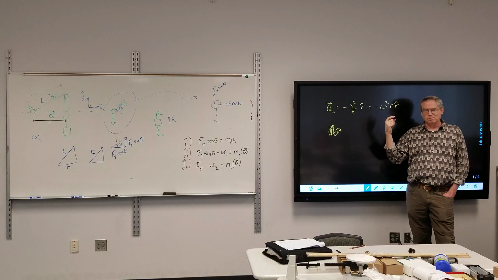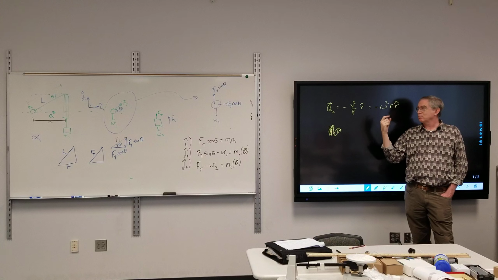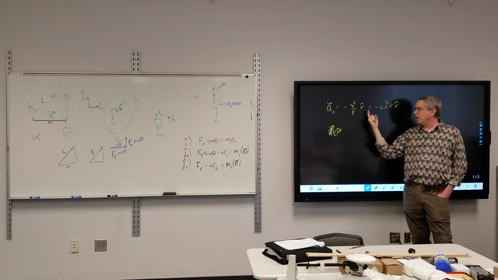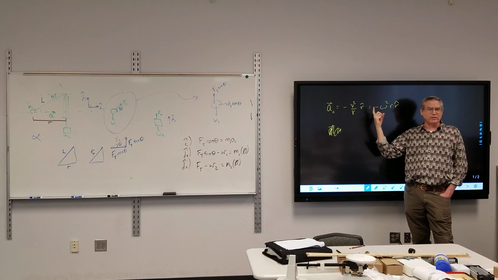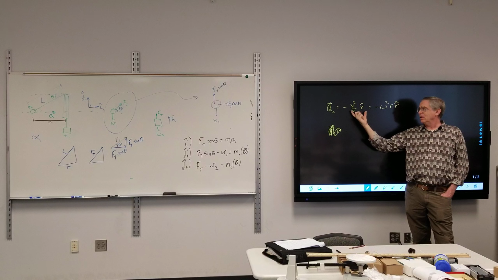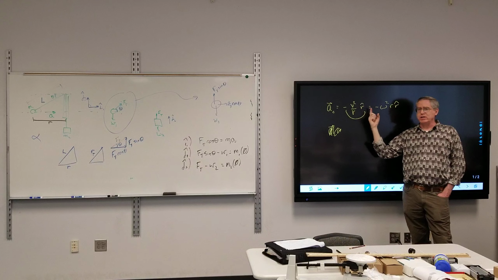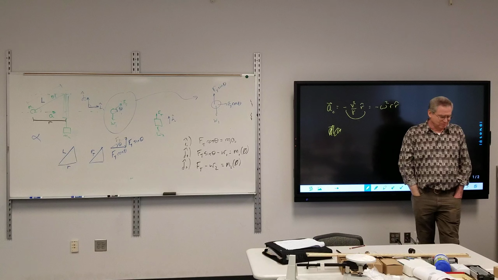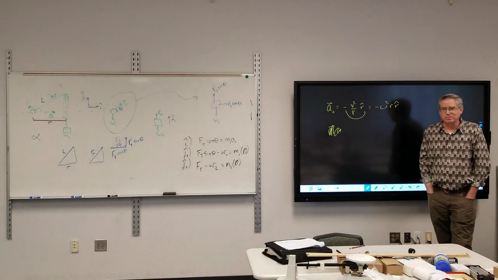Because the centripetal acceleration is towards the center, and R hat is defined as away from the center, the negative R hat just means towards the center.